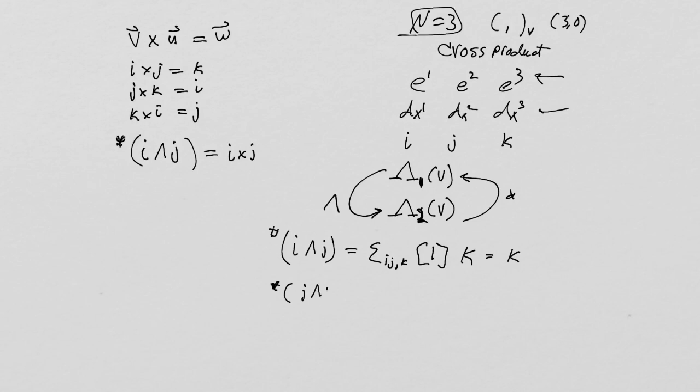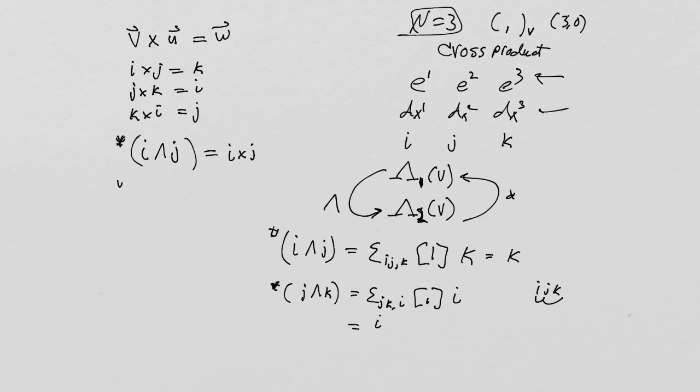So then what about the Hodge dual of j, not cross, j wedge k, right? That would be epsilon j k i, like that. Then of course there's this one, and then it's i. Well, j k i, I guess i j k. I have to go one flip, two flips to get i to the end. So that's even, so it's obviously i.